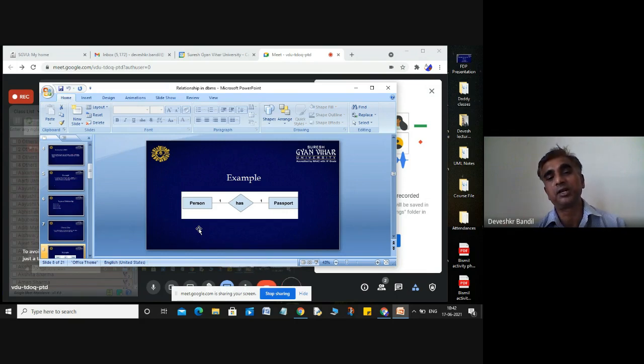Obviously, this is a one-to-one relationship because each person will keep only one Aadhaar card number. So that is another example of one-to-one mapping.